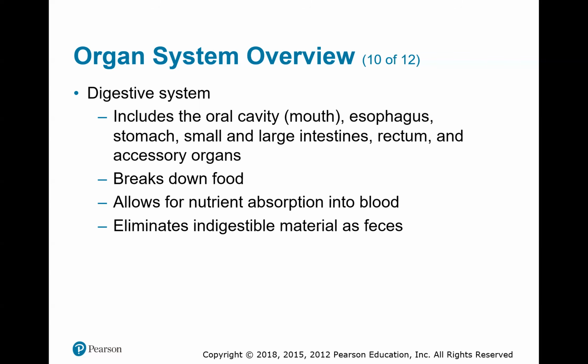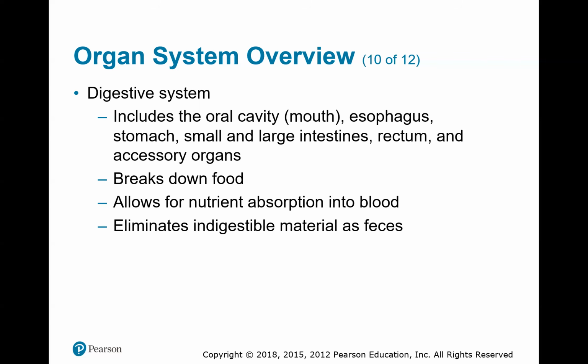And then there are some accessory organs that are going to aid in digestion and absorption along the way, such as the liver, the pancreas, the gallbladder. They're very important and they are very much needed in the digestive system. It just so happens that food doesn't run through it, so we call them accessory organs. But you do need them. They are very important for function.